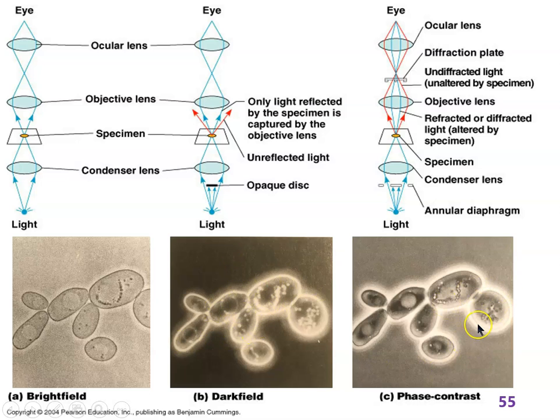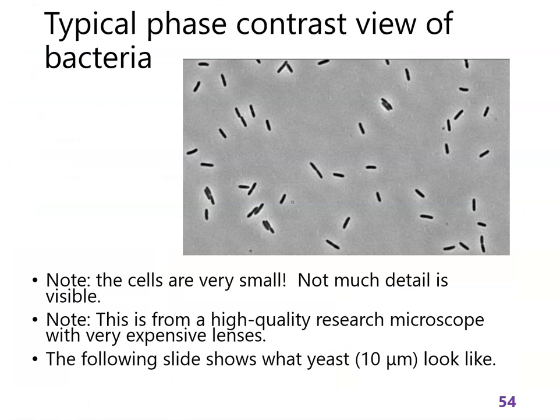Phase contrast microscopy is different. These are somewhat dark against a lighter background. Realistically, it would be better if we had examples of what bacteria look like with these, but nobody has a 100x dark field objective for looking at bacteria. So this is what they look like in the lab because we use phase contrast in microbiology labs.